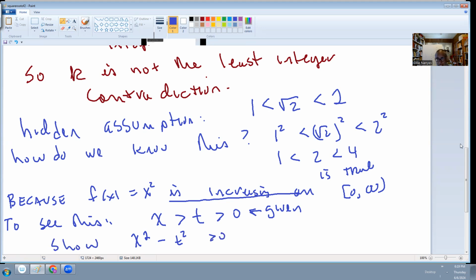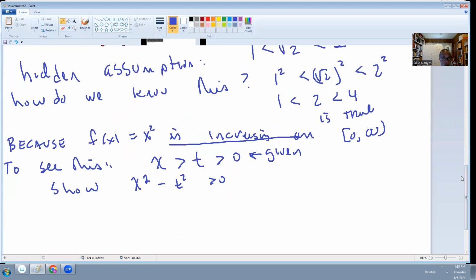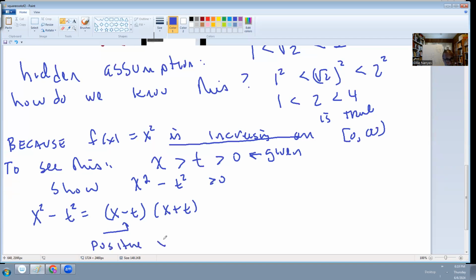To do that is actually kind of easy. We just use a little bit of algebra. We take x squared minus t squared is x minus t times x plus t. But this factor is positive because x is greater than t, and this factor is positive because x is greater than 0 and t is greater than 0.